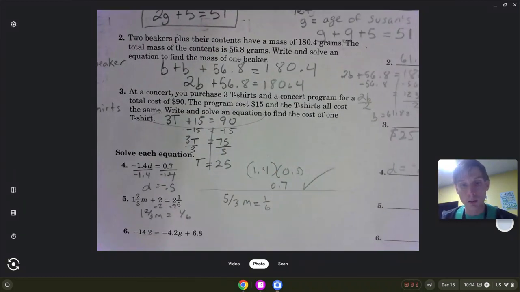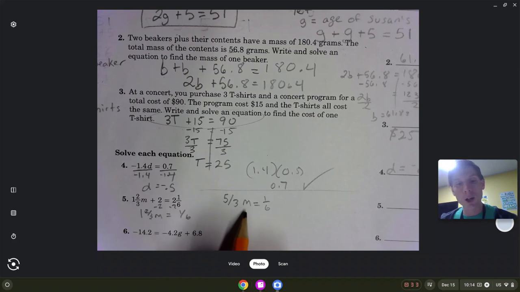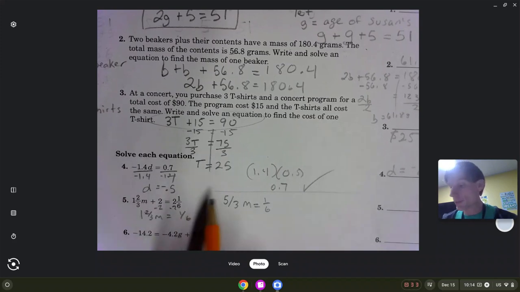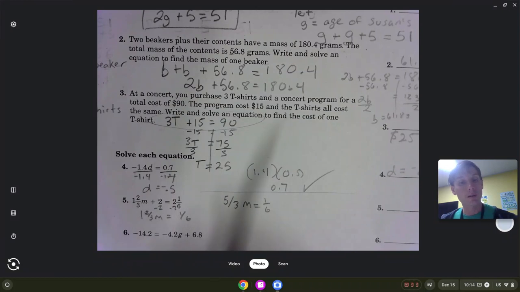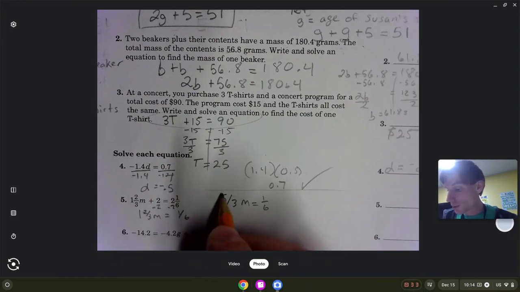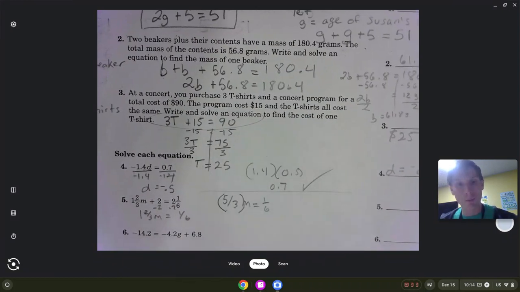Now, hopefully, you will see a problem like this for sure. You won't have to do the mixed to improper, but we'll definitely see a rational number, a fraction out front of a variable. So how do I get M all alone? Remember, the opposite of multiplying by 5/3 is dividing by 5/3. But another way to say dividing by 5/3 is multiplying by the reciprocal, right?